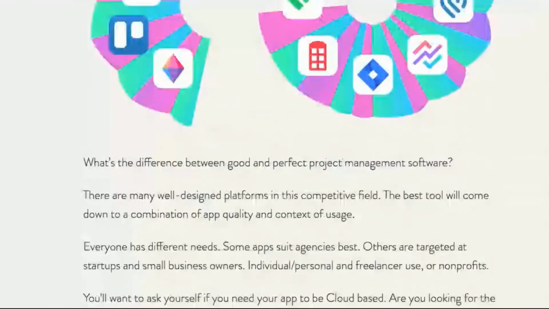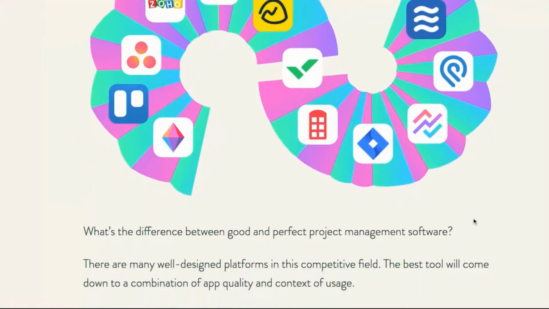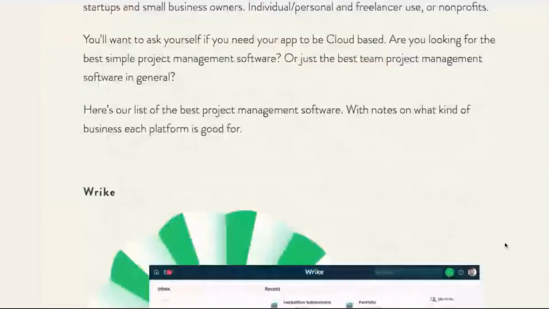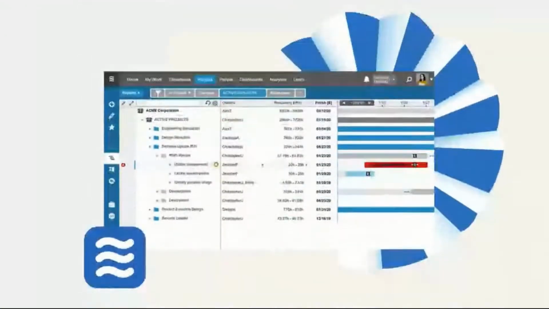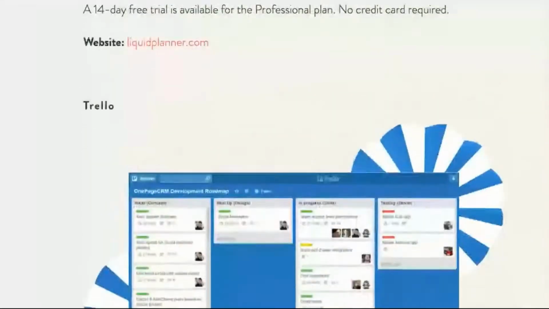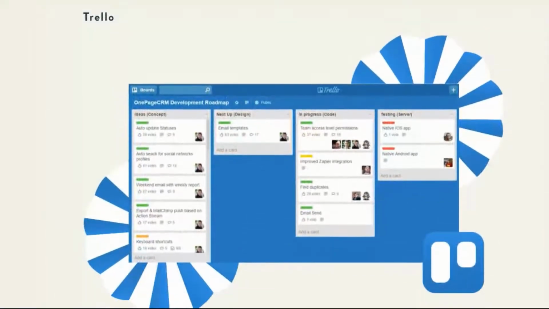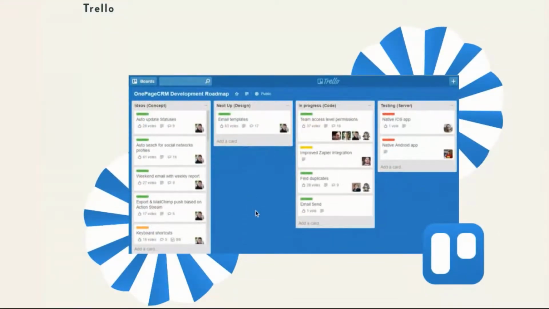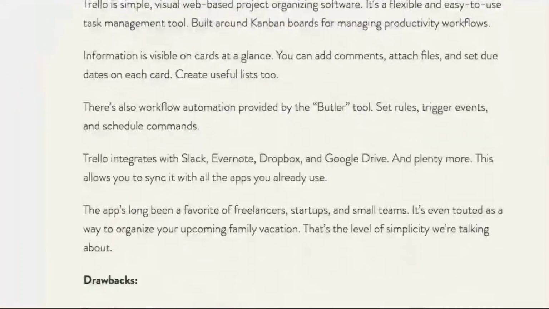And then it breaks down into some of the more well-known ones. So we've got Wrike, Monday.com is over there, we've got Asana. And then it goes down into the benefits. There's LiquidPlanner, Trello. Trello is one that I've used before. If you look at the interface, it assigns people, it assigns tasks, so it's a combination of managing a project, but it's also task management, workflow management, and so forth.